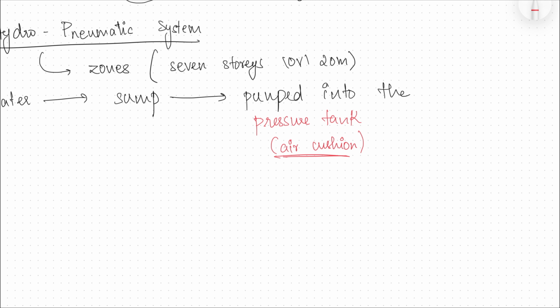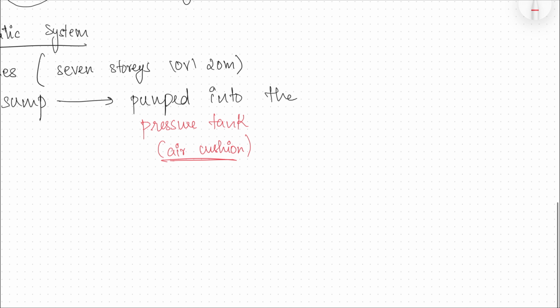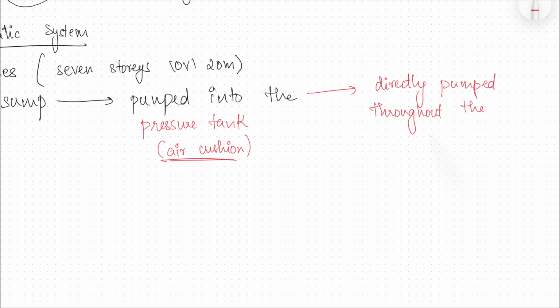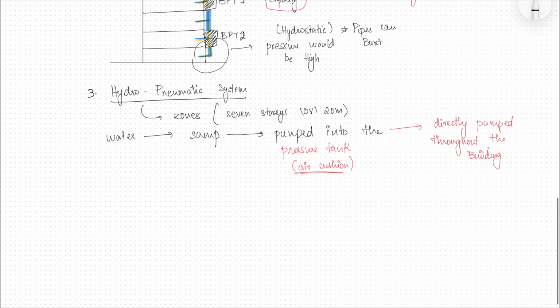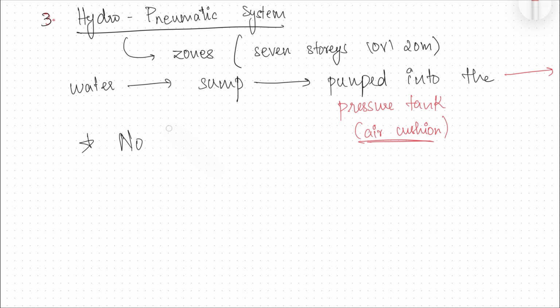Okay, so it gives pressure to the water and maintains it at that pressure, and then later it is directly pumped throughout the building. And here you do not need an overhead tank for this, so no need for overhead tank.